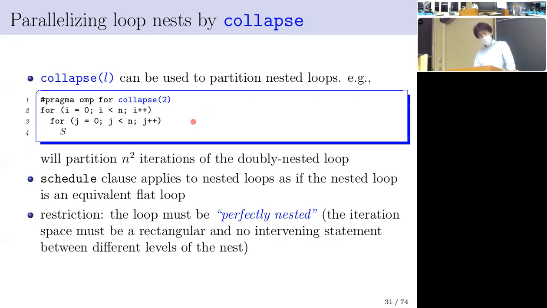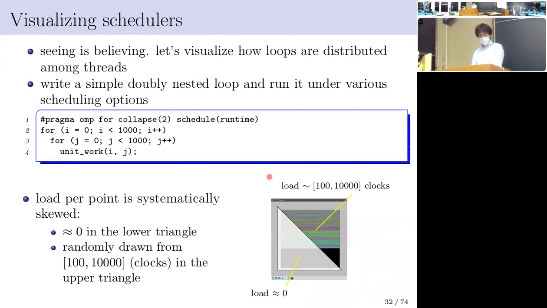So you can apply this collapse only to perfectly nested rectangular loops. Fairly restrictive, but it is nevertheless sometimes useful and sometimes the only way you can parallelize nested loops.